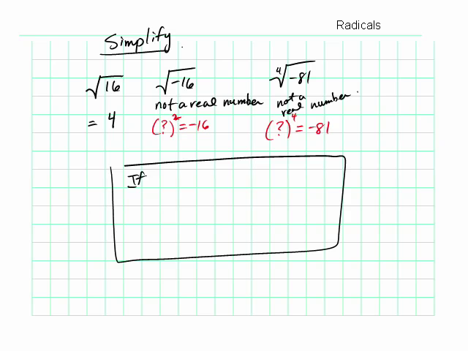If n is even, and a is less than 0, so we have an even root, and the number under here is negative, the nth root of a is not a real number.